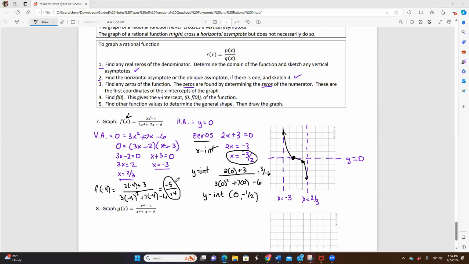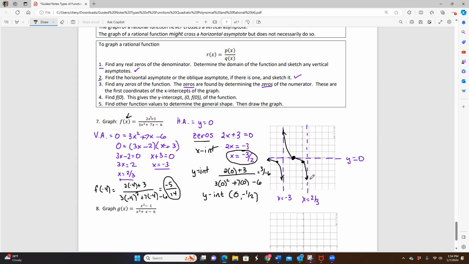Finding that value, we get negative 5/14. So that's at negative 4 here. This is 1, 2, 3, 4. We're at negative 5/14, which is not quite negative 1. Now I know I don't cross the x-axis or this vertical asymptote. So I know the curve is going to look like that.